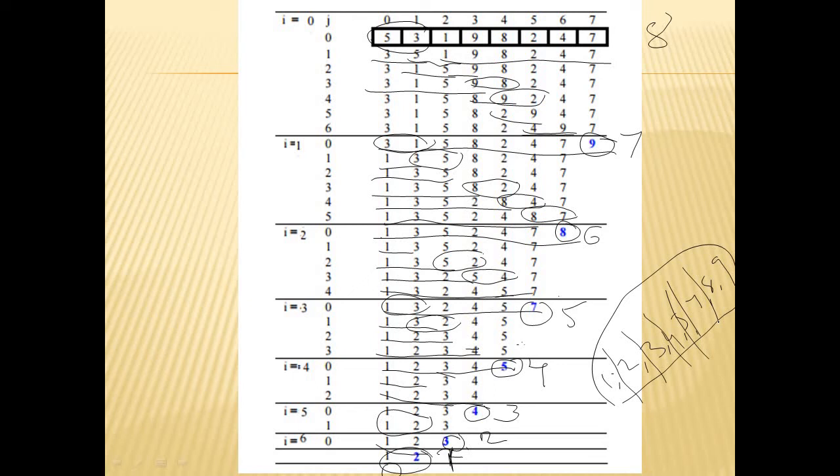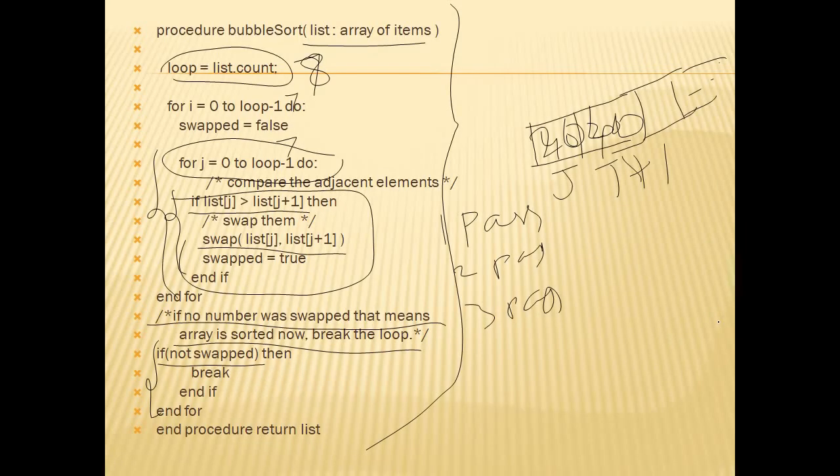Okay, here I need to make some modifications. For j equal to 0, the limit is loop minus i, sorry, loop minus 1 minus i.